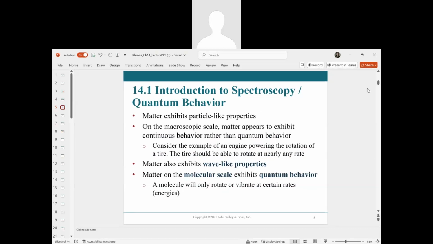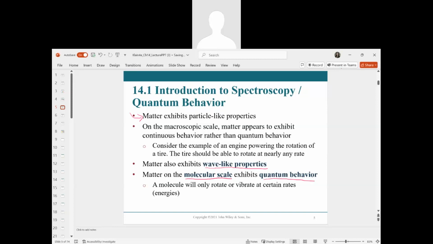So when we talk about infrared spectroscopy and how matter can exhibit these particle-like properties, this is based on a quantum type of behavior. So at the quantum level, matter can exhibit both particle and wave-like properties as well, just like we note that light can. So on this molecular scale, when matter is taken down to individual molecules, we see this quantum behavior that's exhibited.